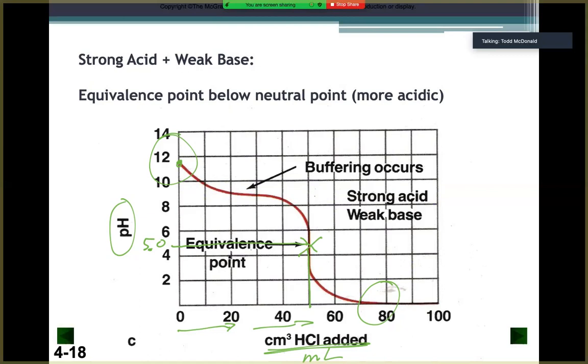If you think about what's going on, we have a strong acid, something like HCl, that perfectly dissociates. You have a bunch of H pluses floating around in solution. A weak base, something like ammonium hydroxide, doesn't dissociate. Not very much at all.